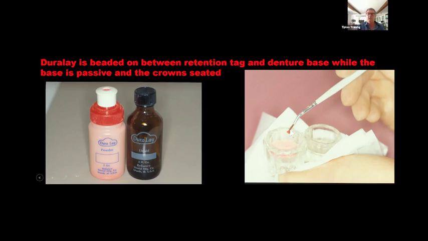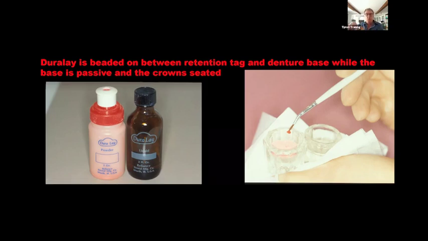We now come back with that horsehair paintbrush, put it into the liquid again, thoroughly wash it in the liquid, dry it on the tissue, and now dip the tip into the liquid, into the powder, and pick it up. So this routine is really, really important if you want to have some good success. Okay, so horsehair brush into liquid, into powder, pick up the ball, go to the mouth, deposit that Duralay where you want to.